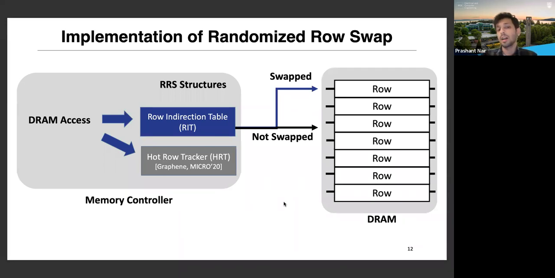Both these structures are important. The row indirection table helps the randomized RowSwap framework determine the new location of the row that is being swapped. The hot row tracker helps the framework determine if an aggressor has crossed the threshold T.